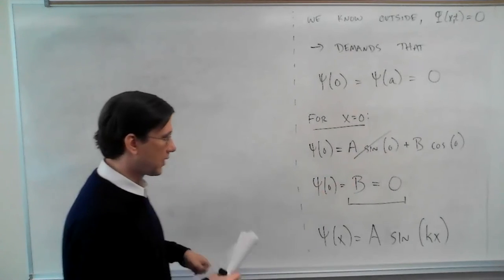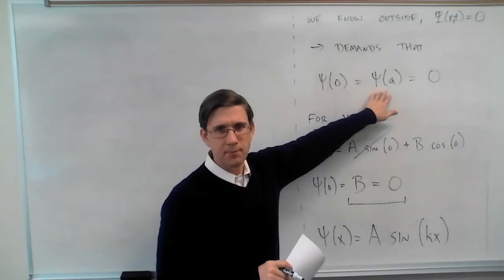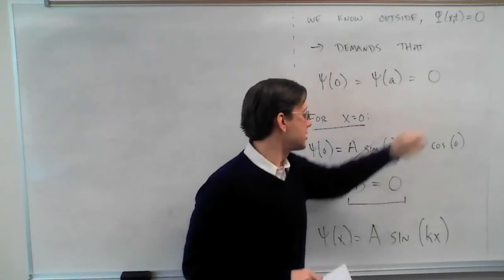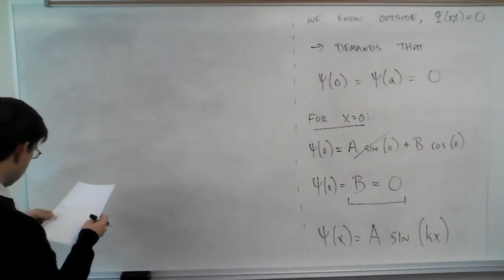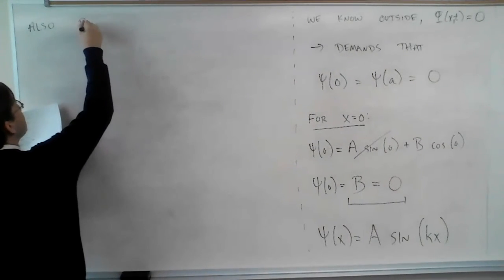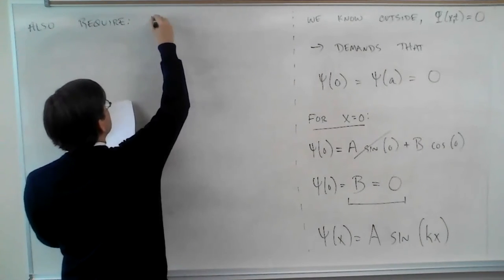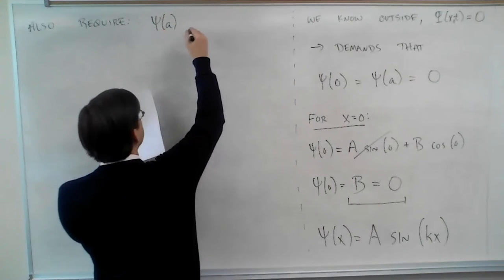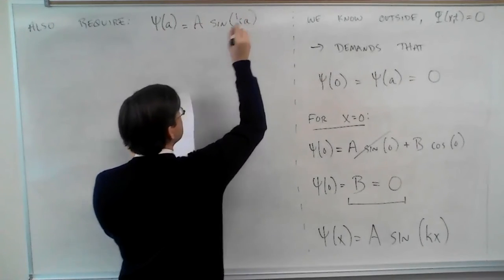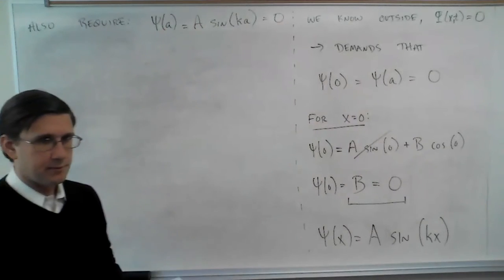Now we have one additional boundary condition that we can still impose here, which is that the wave function evaluated at x equals a also has to equal 0. So what we require is that psi of a, which is equal to a sine of k times little a, has to equal 0.